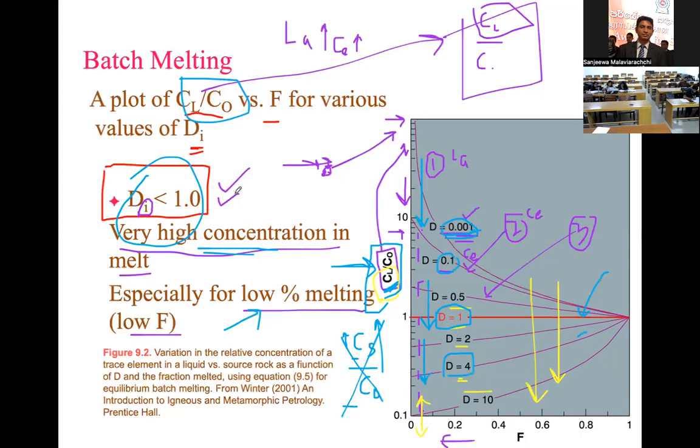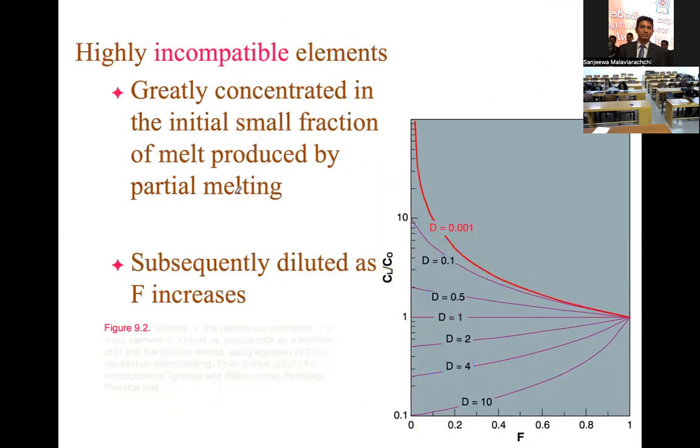So we can similarly consider a highly compatible element also, the opposite. Still, we are plotting the variation of CL. This is the highly incompatible element. We took already this example.